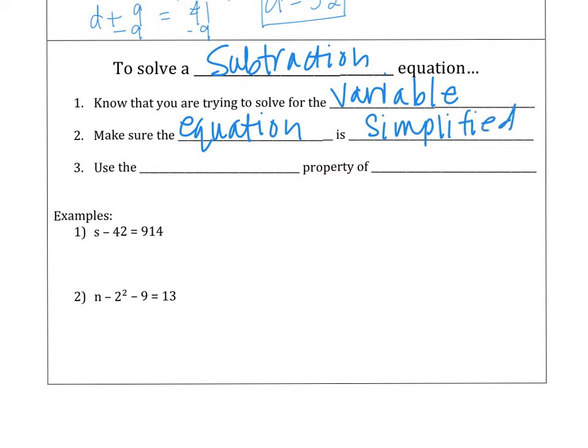And use the addition property of equality. Some examples, if we have s minus 42 equals 914, so we're subtracting, so we do the opposite. So we're going to add 42 to each side.